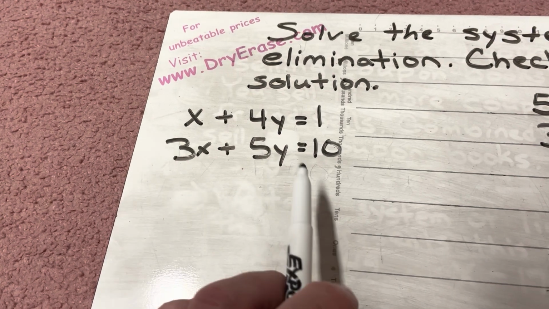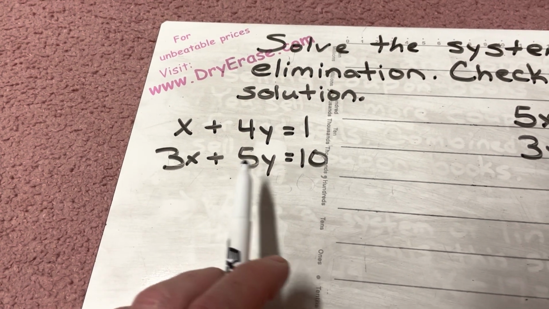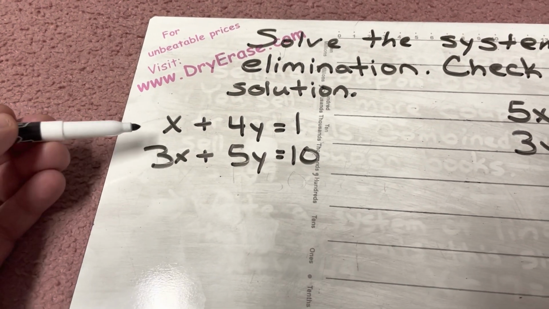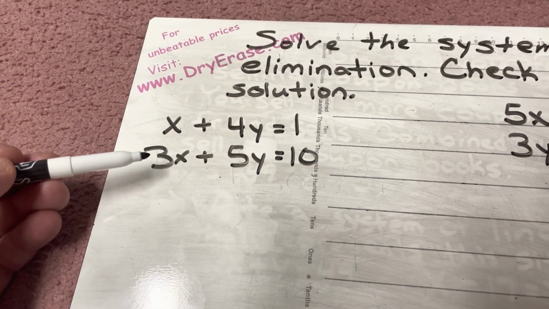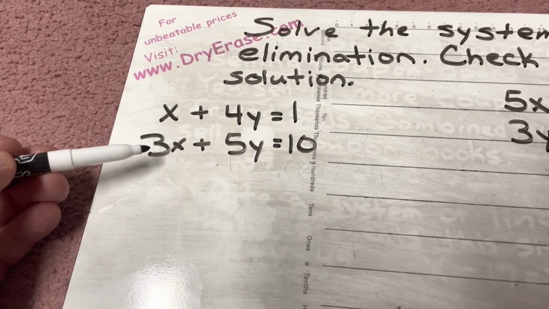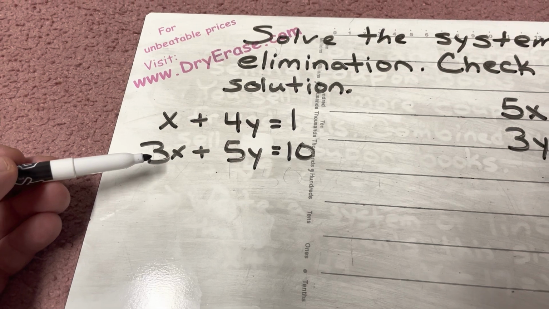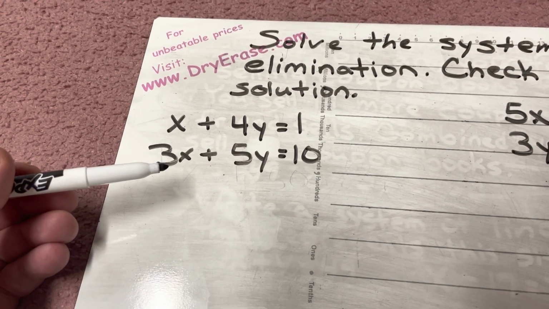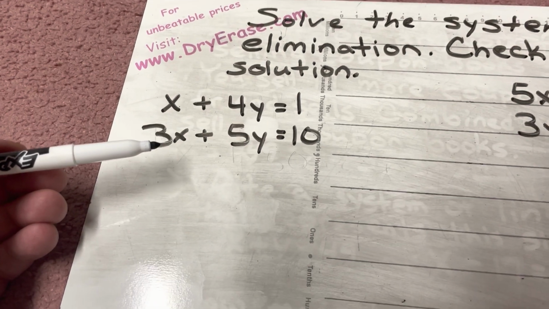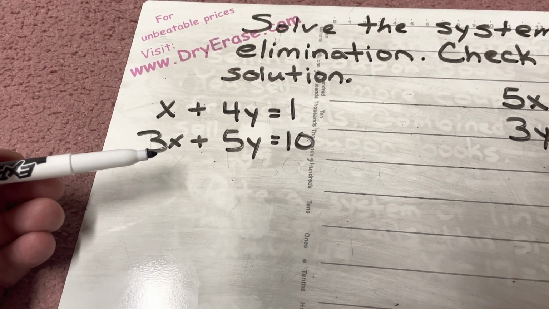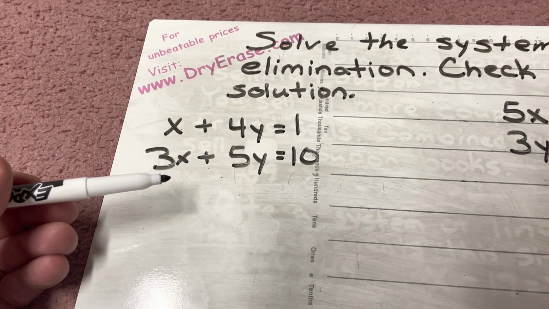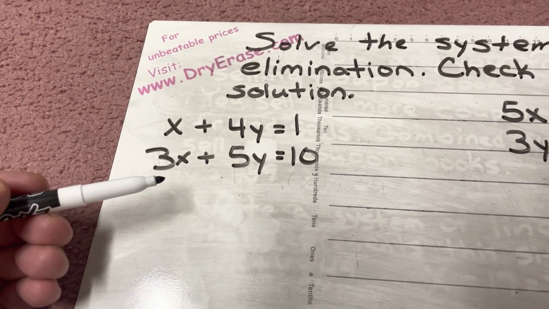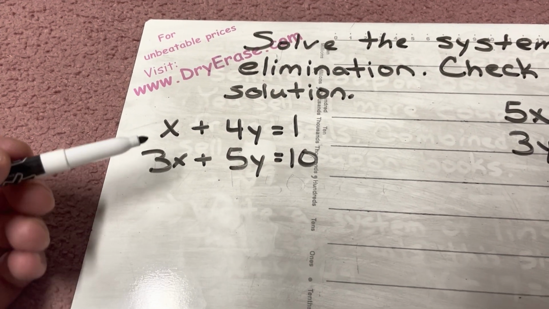Now, when I'm looking here, I'm seeing I've got x and I've got 3x. My goal is to make everything the same, or at least make something the same that I can cancel out.